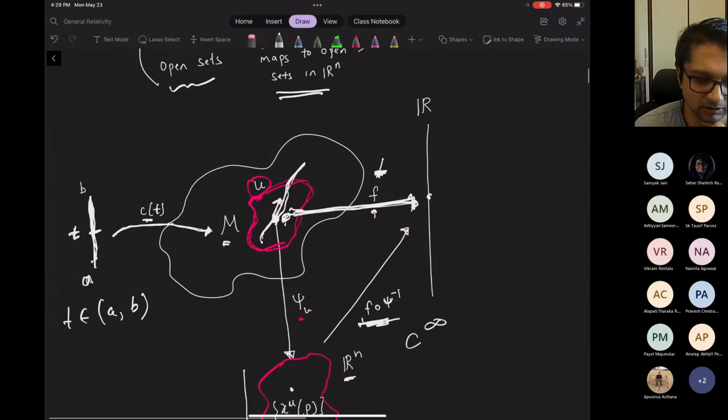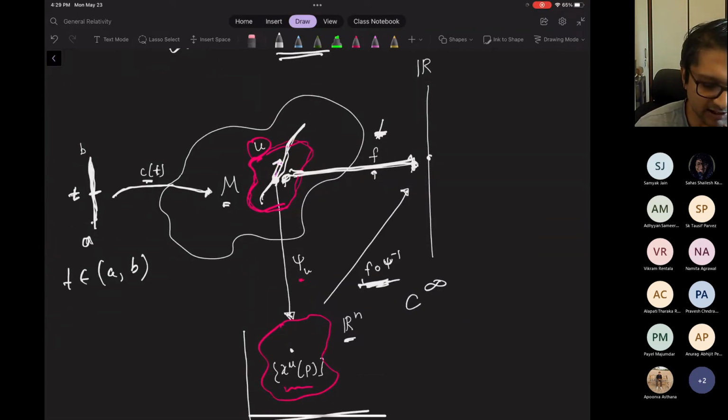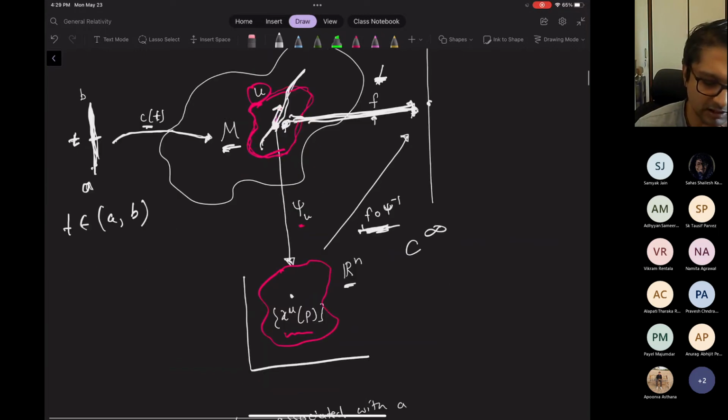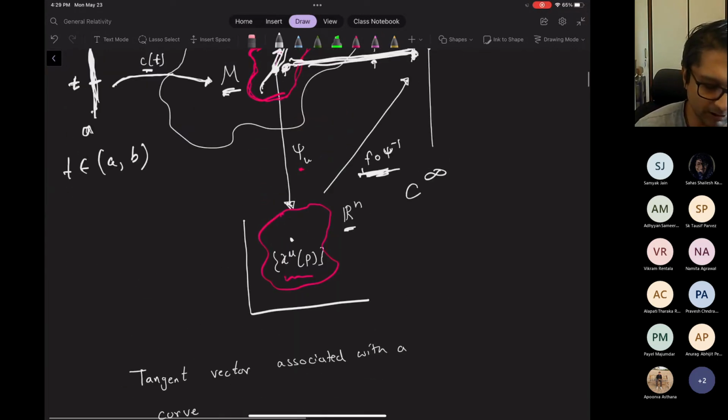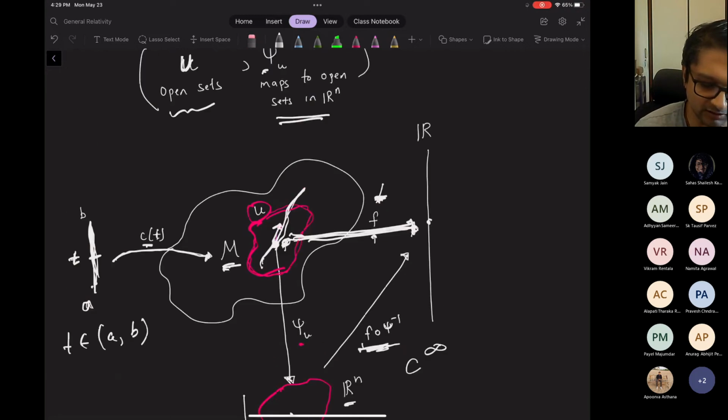Now we can define tangent vectors by this combination of the curve which passes through P and the mapping of the manifold to real numbers. The way we define the tangent vector is we define an operation, X acting on f.